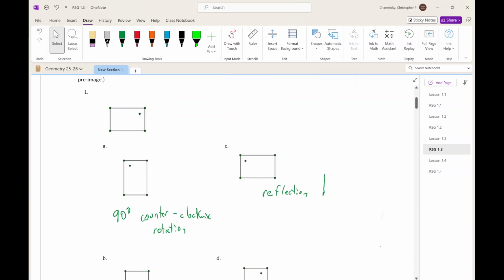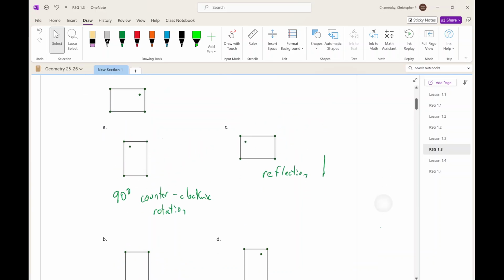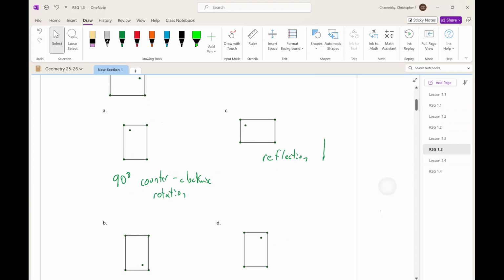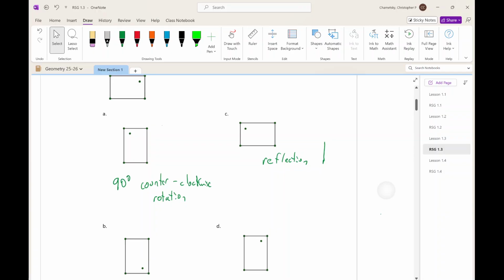And then for D, we're going to have to do a combination. There's several ways you could do it. You could do a reflection first or a rotation first.